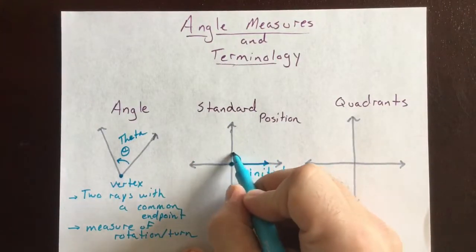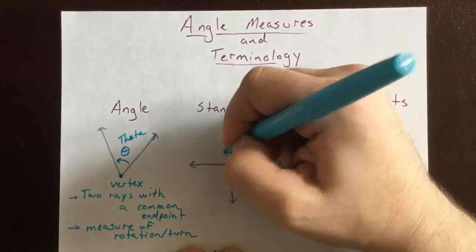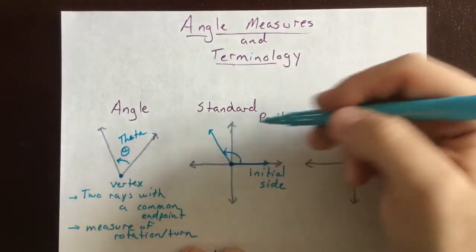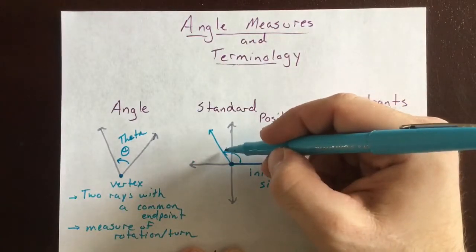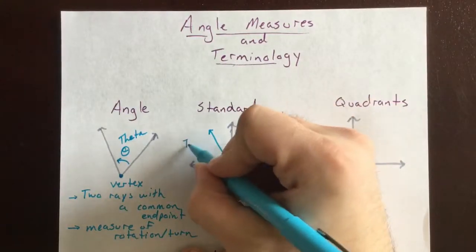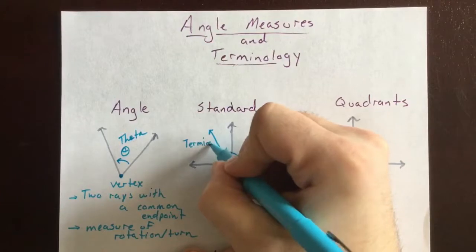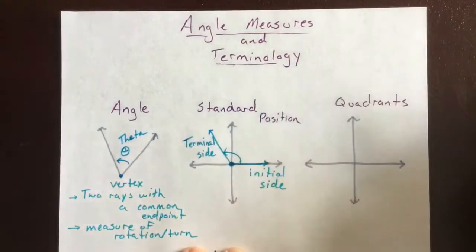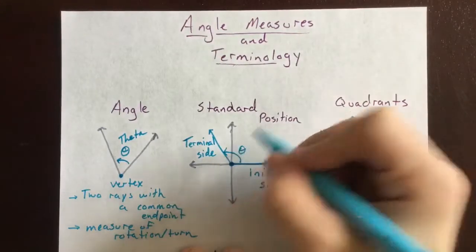And we measure the angle around, and this portion of the angle where the angle stops, we call the terminal side.